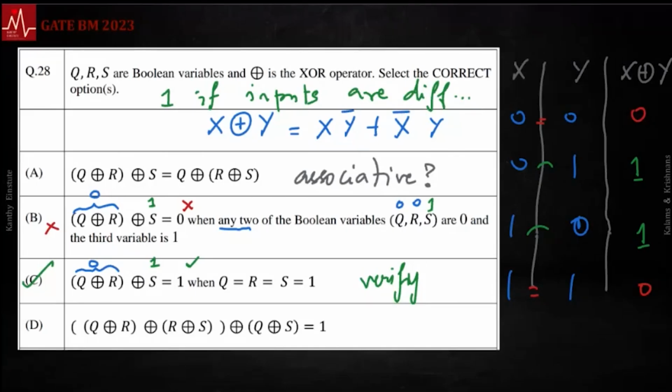Any correct option should also hold good for the other cases, right? So this is for any Q, R, S. Take Q, R, S to be 1, 1, 1. So let's say this is one, this is one. That makes this zero, zero.